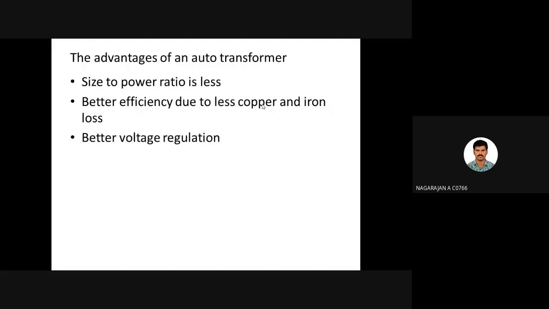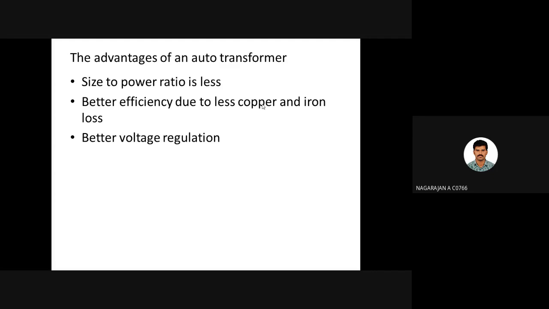Okay, so in a two winding transformer, the size of any transformer will be bulky. For example, if it is a 1 kVA transformer, the size of the two winding transformer will be high for the same rated auto transformer.